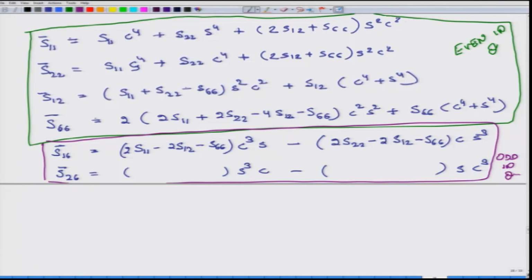Lastly, I will write stress strain relationships in terms of engineering constants.